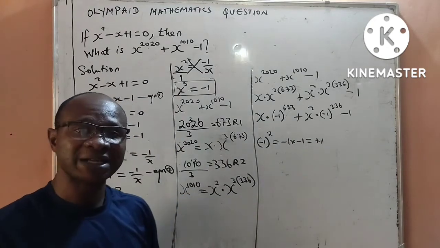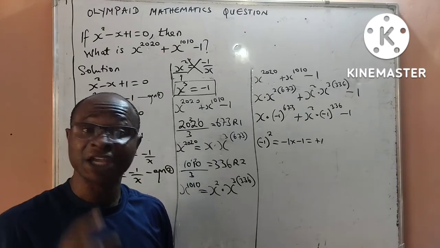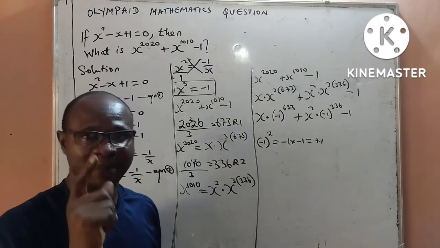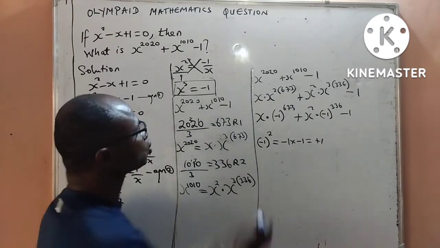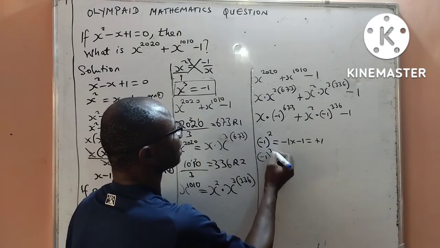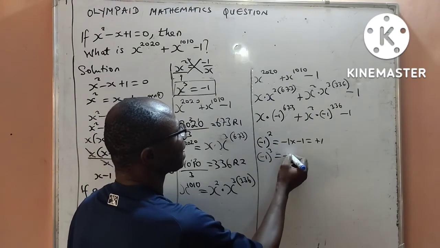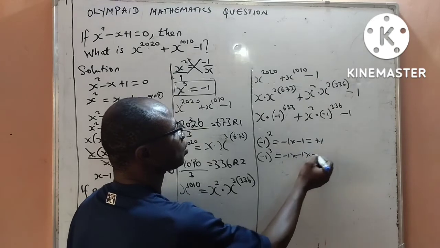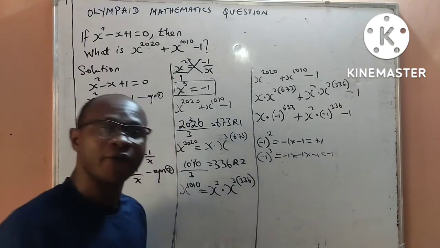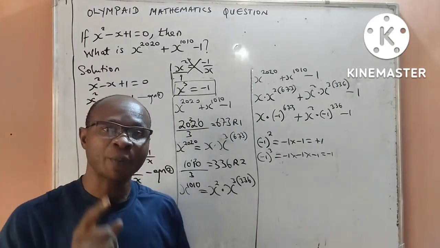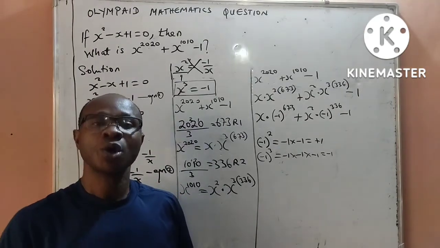Therefore, we can conclude that minus 1 raised to power any even number will give us plus 1. Also, minus 1 raised to power 3 is equal to minus 1 times minus 1 times minus 1, which will give us minus 1. Therefore, we conclude minus 1 raised to power any odd number at all will give us negative 1.